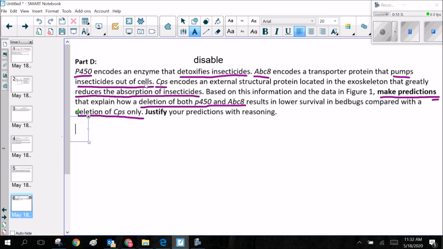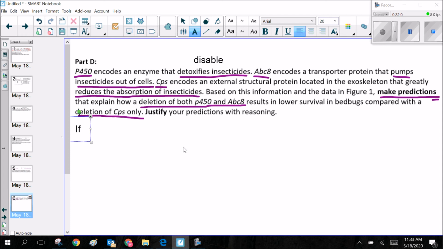If CPS was the only one that was remaining, okay, it could reduce the absorption of insecticides, but notice the word reduce. It would still let some in, and if P450 wasn't working, it wouldn't be able to detoxify it. ABC8 wouldn't be able to pump it out, and so we'd be slowly leaking an insecticide that would eventually kill the cell. So how would the deletion of both P450 and ABC8 result in lower survival of bedbugs compared with the deletion of CPS only?